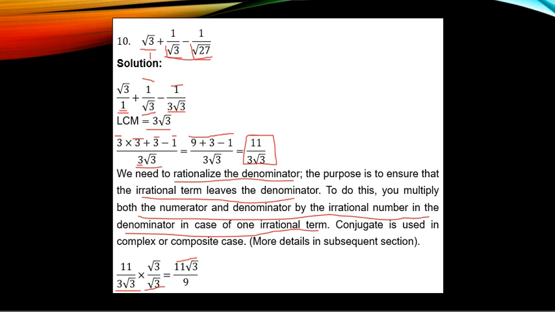Root 9 is 3. 3 times this 3 you have here becomes 9. So you have successfully removed the irrational number from the denominator, and that process is called rationalizing the denominator. More details in subsequent lessons. We are still dealing with addition and subtraction operations of surds.